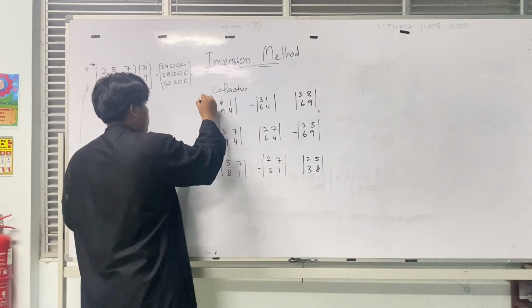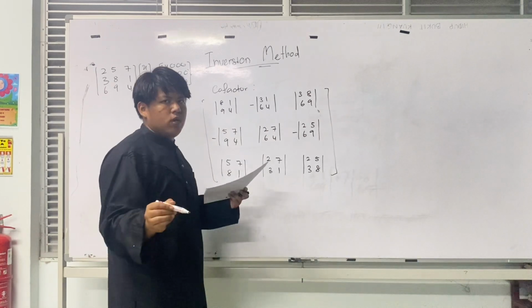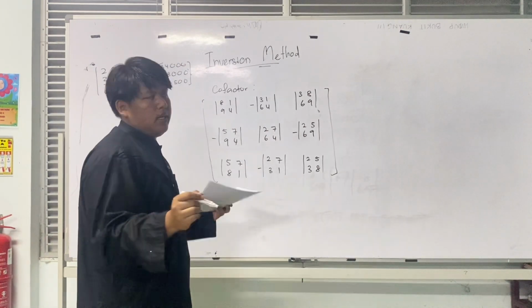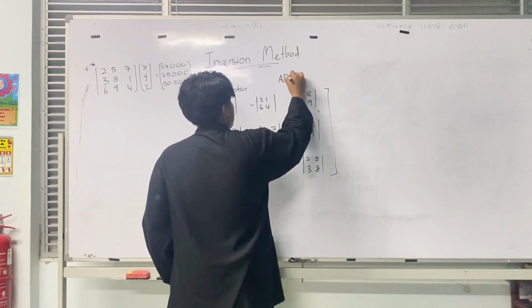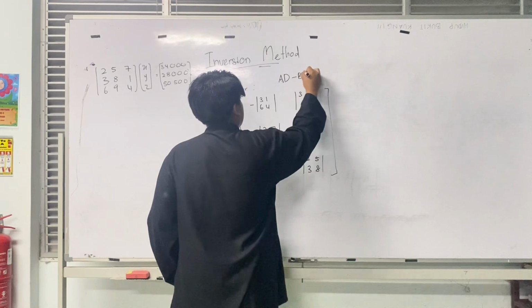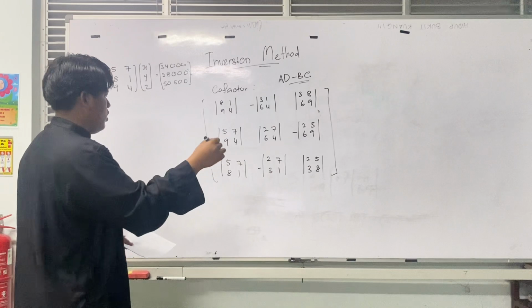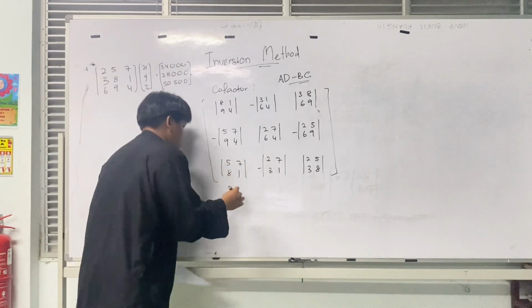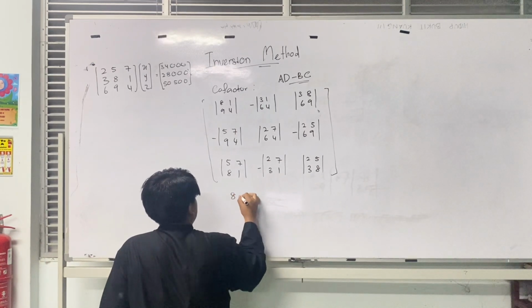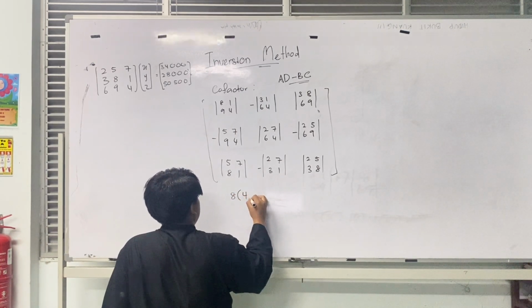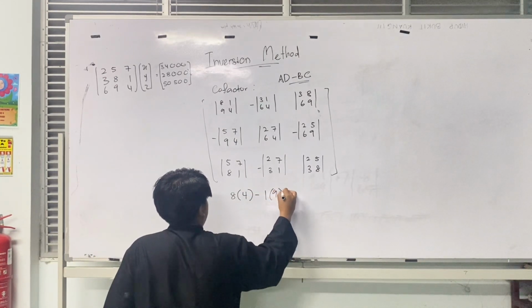So this is the cofactor. With the same formula, we just calculate it using AD minus BC. So 8 multiply 4 minus 1 multiply 9.